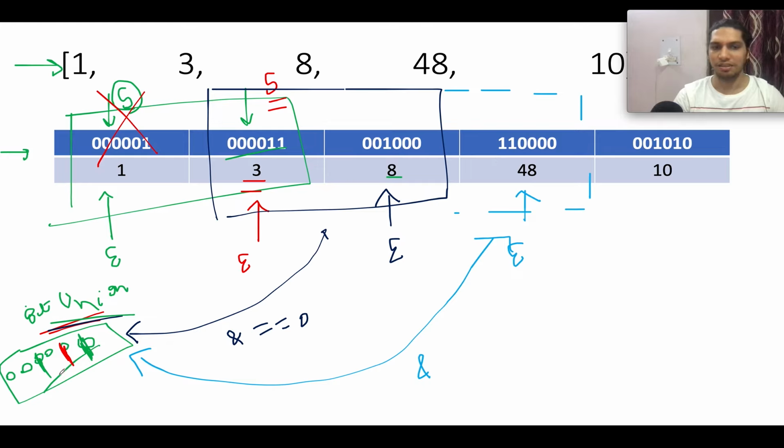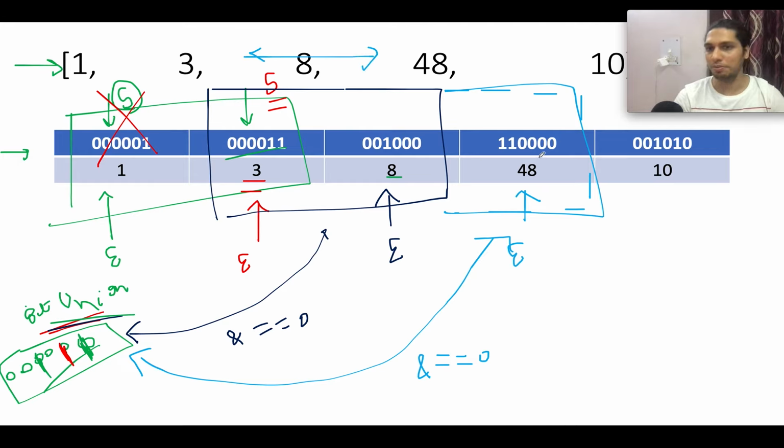We get 0. So the bitwise AND is 0, that makes it a happy case, and since it's a happy case, 48 can be made part of this sliding window. Since 48 is being made part of the sliding window, we should be performing the OR operation between the previously computed bitwise union and 48.